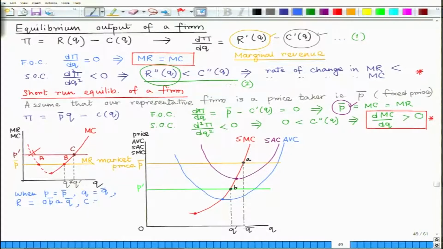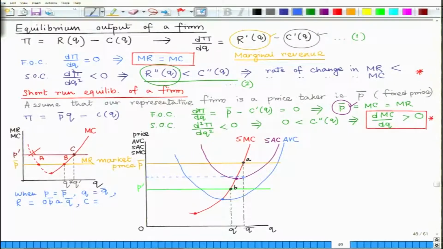The cost of production would be determined by the short run average cost curve. So the unit cost, right? So basically to produce Q bar level of output, we have to see how much per unit cost of production the firm incurs, and that can be determined from the intersection of this vertical line A Q bar and the short run average cost curve.